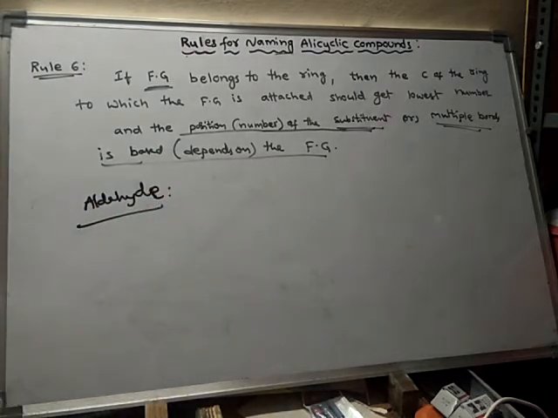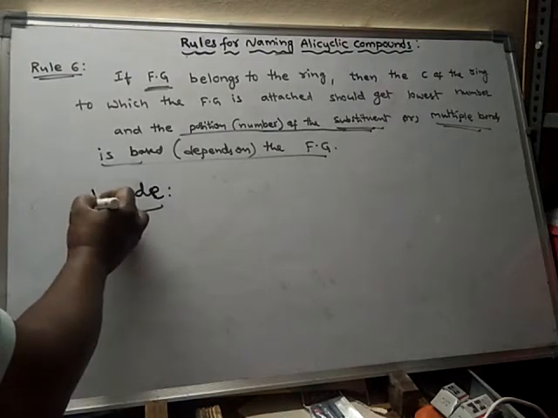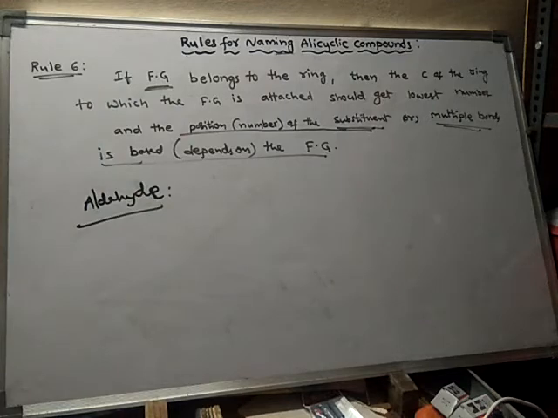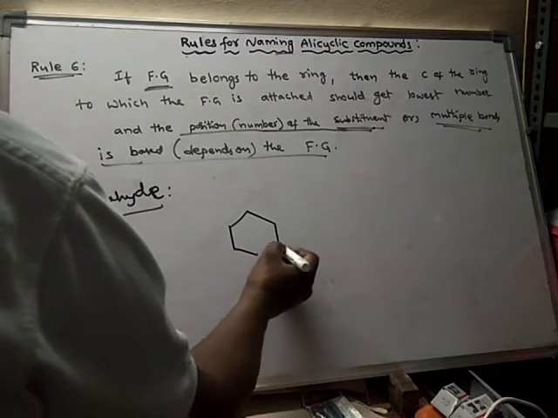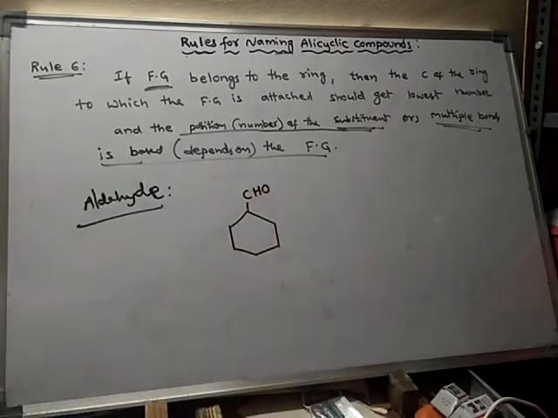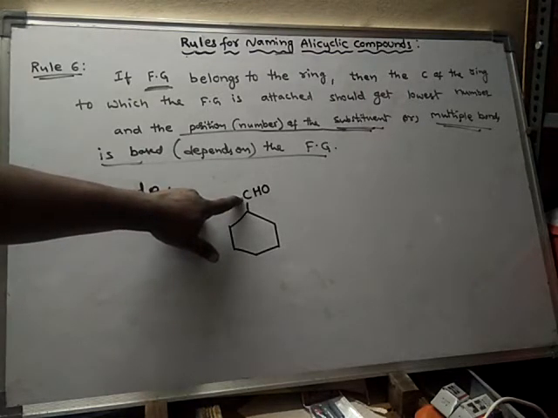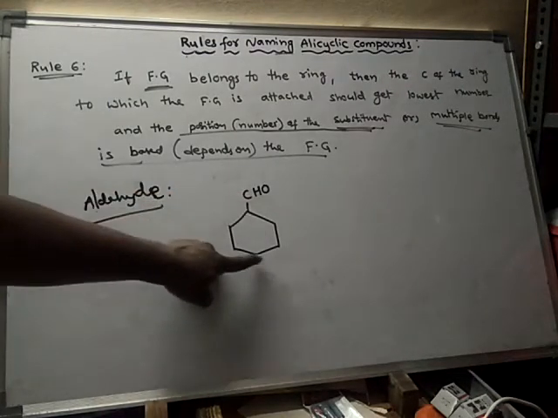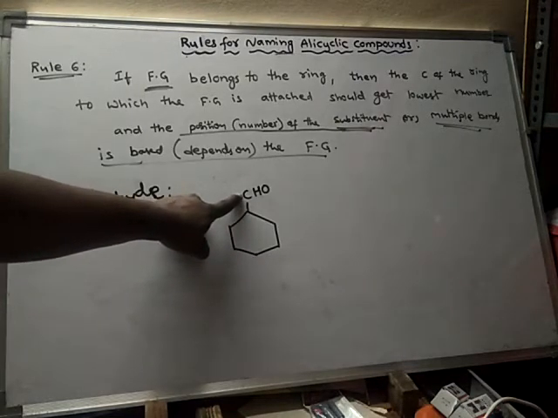Aldehyde functional group. When aldehyde functional group is present, example like this. So what is the name of this compound? See, look here. This carbon is the carbon related to the functional group, so it is not part of the ring. So this carbon is not included in the parent chain.